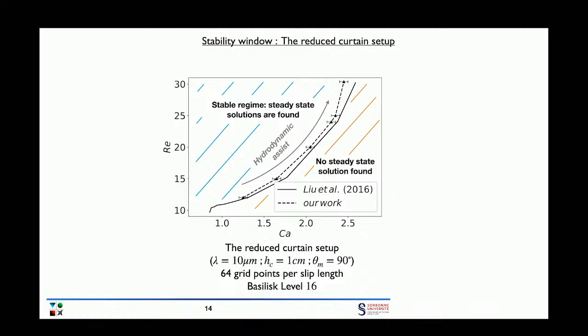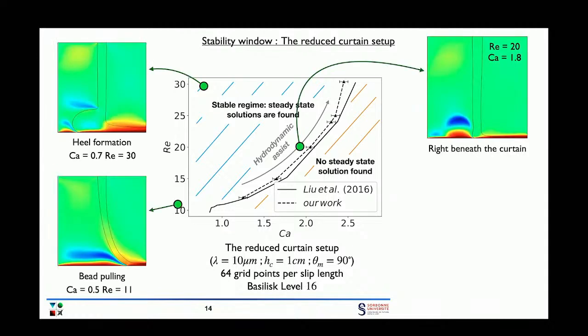What you can do is increase the feed flow rate from the top, and you can delay this wetting failure. So if you increase the feed flow rate, we are here, and you see that wetting failure is delayed. This effect is called hydrodynamic assist, because it is somehow assisting the flow to wet the solid.